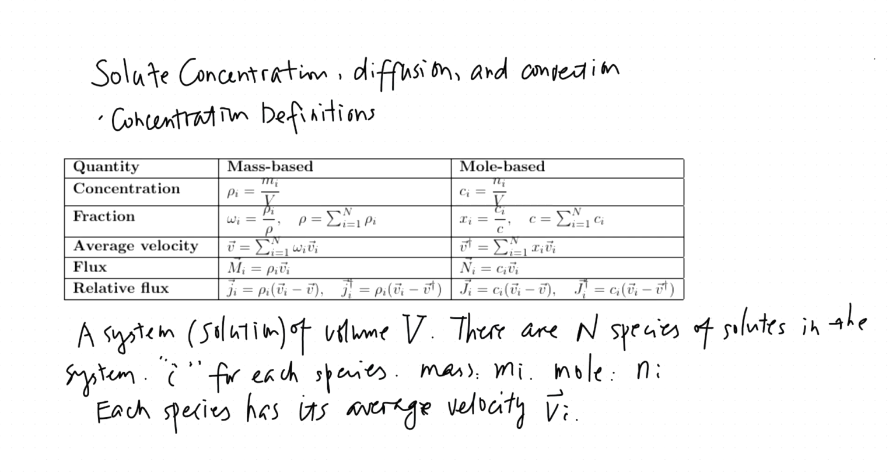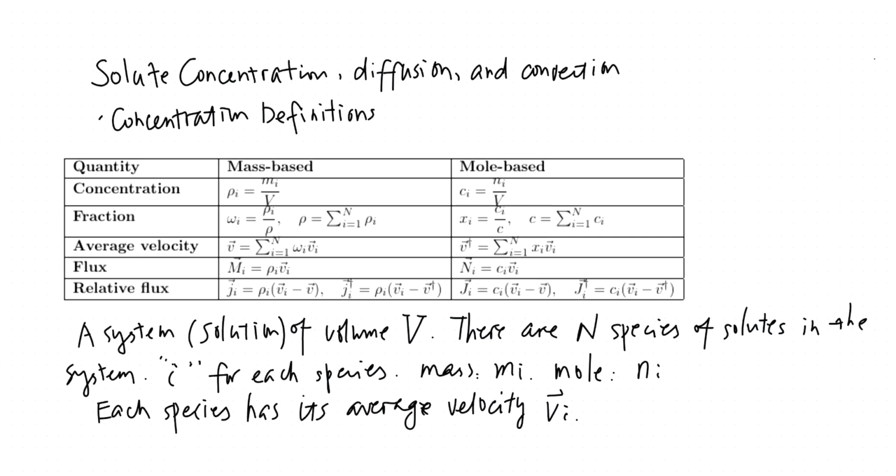And now we can define the fraction of each species. Each species has its own concentration rho I, and then you can sum up all of the species and you get a total rho. And then omega I is the mass fraction of each species, that is rho I of that species divided by the total rho.